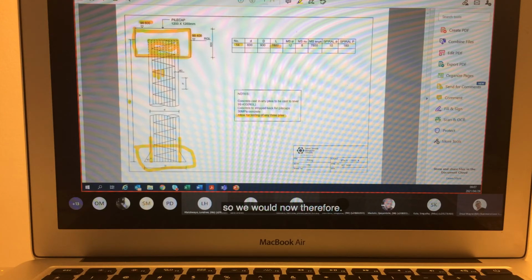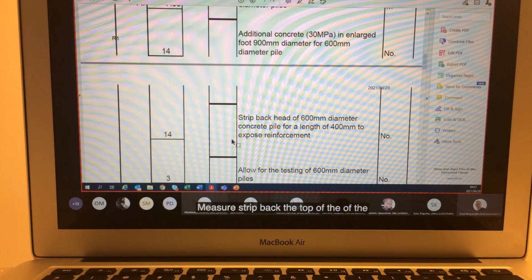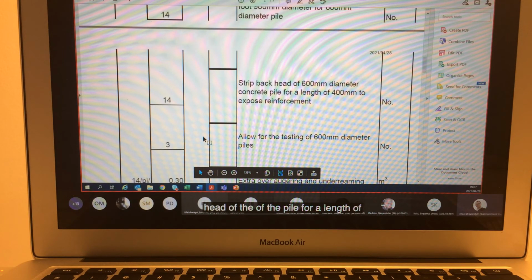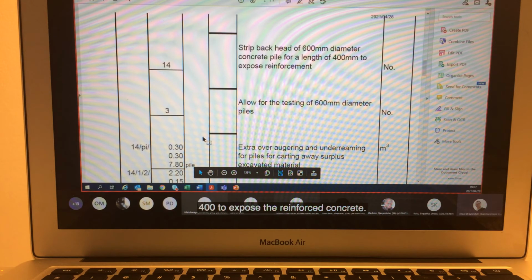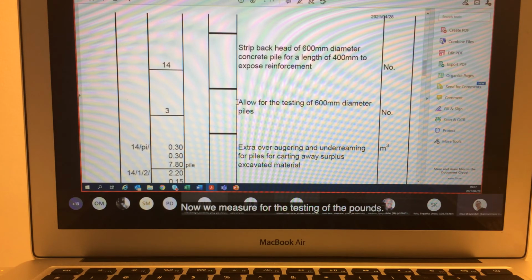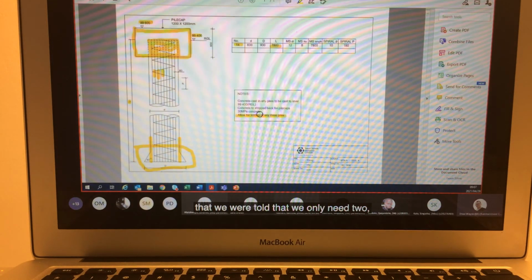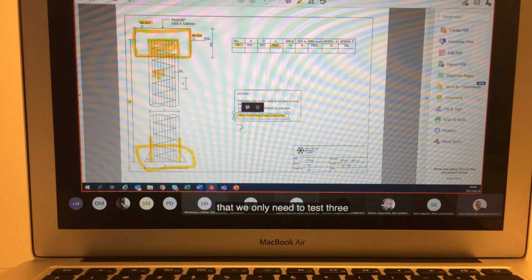So we would now therefore strip back the top of the head of the pile for a length of 400 to expose the reinforced concrete. Now we measure for the testing of the piles. Testing of the 600 millimeter diameter piles, and we see that we were told that we only need to test 3 of those piles.